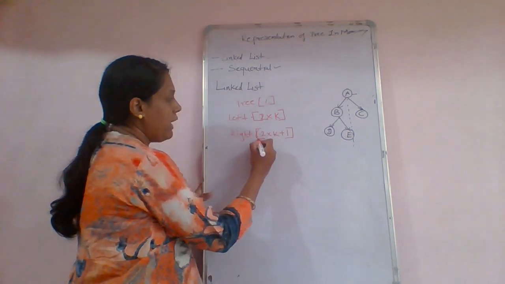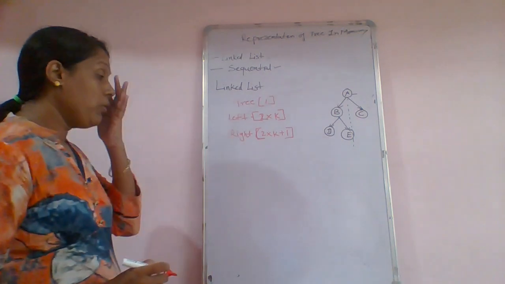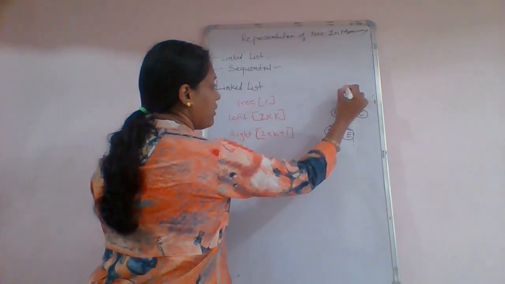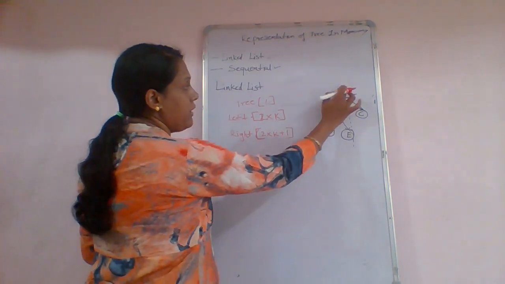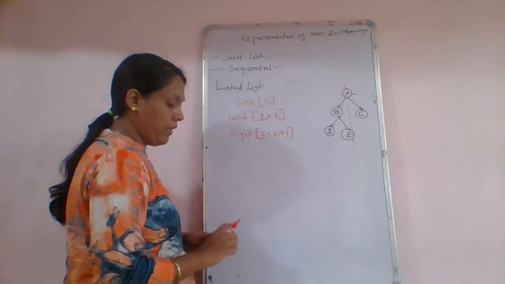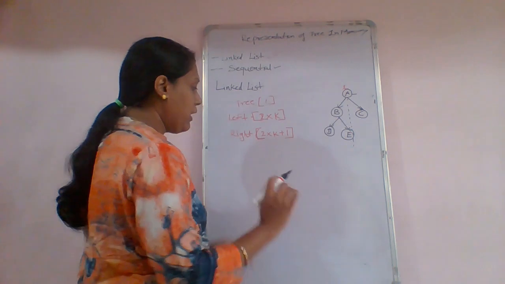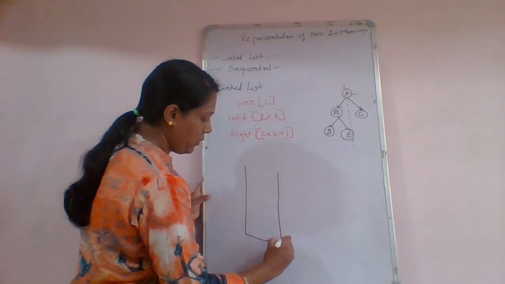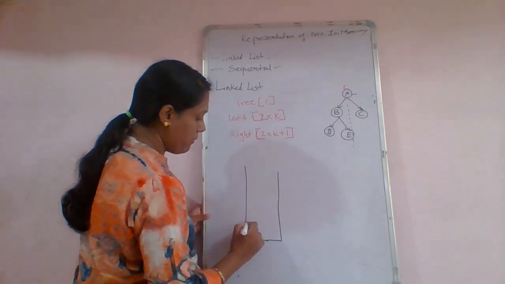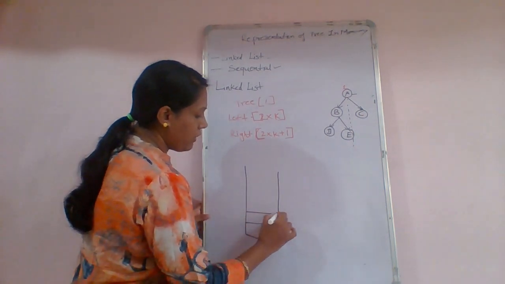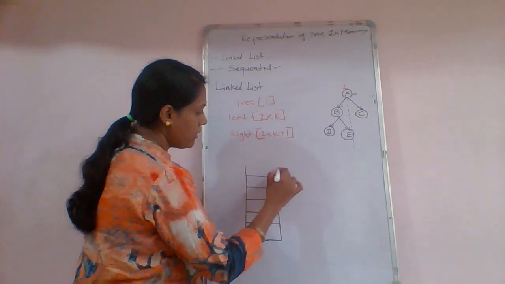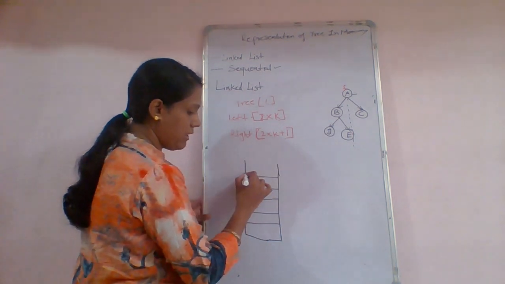These formulas we have to follow. Now consider that this is the data structure. For convenience, we consider A is located at 1. To represent the tree data structure in memory by using the sequential method, we require only one array, and when it is a linked list, we require 3 arrays.